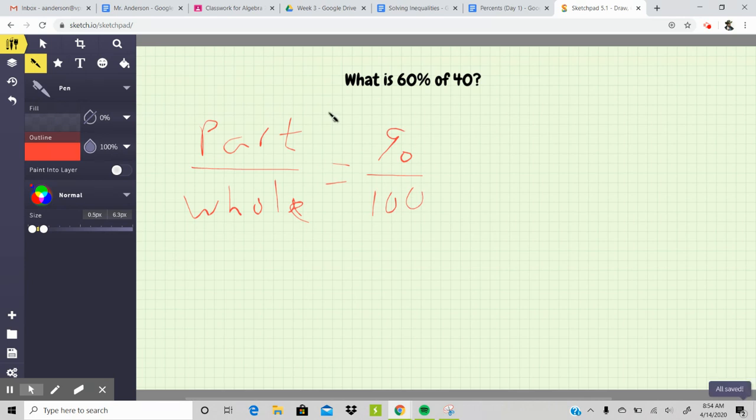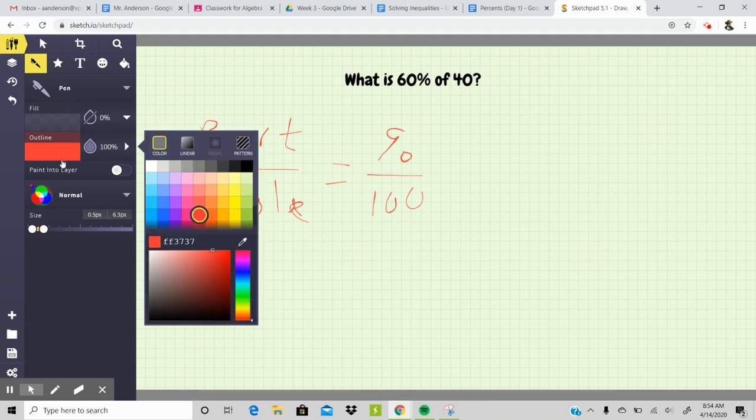We call it the percent proportion, and we can use it whenever we are trying to figure out a part of a number, or if they tell us that a number is a certain percentage of another number and we have to find the original, that would be the whole, or if we're just trying to figure out what the percent is. We can use this proportion to find the part, the whole, or the percent.